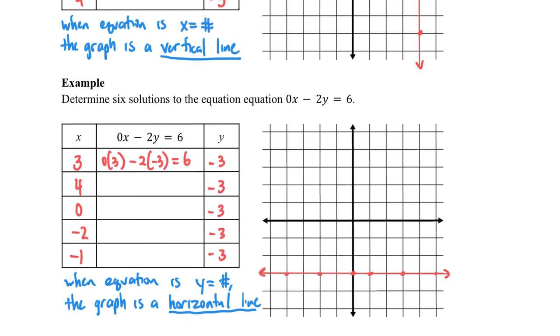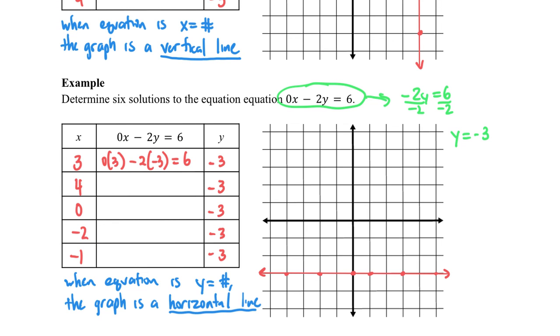And by the way, just to explain this a little bit further, this is what I would do in this case. I would drop off the 0x because that's 0. So I would write negative 2y equals 6. And then I want to get y by itself. So I would divide both sides by negative 2. And I would get y equals negative 3. And that's why I ended up with this graph.